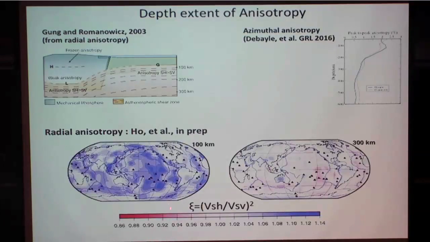And the radial anisotropy model that we have built is quite consistent with what has been obtained by Barbara and her group. The colors are terrible here, but all the cratons, believe me, have SH faster than SV at 300 kilometers depth. So we find that there is significant radial anisotropy in this layer below 200 kilometers depth.